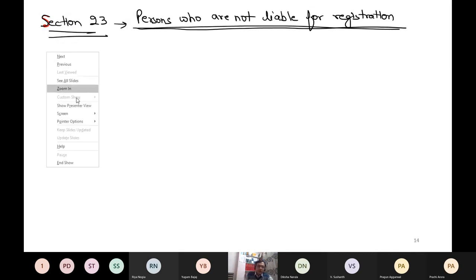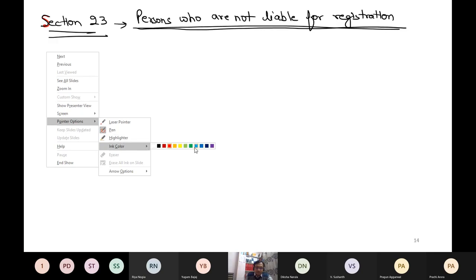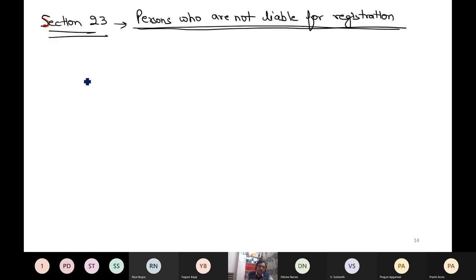Now, who are those persons who are not liable? First point, persons who are engaged exclusively. Exclusive, this is necessary.